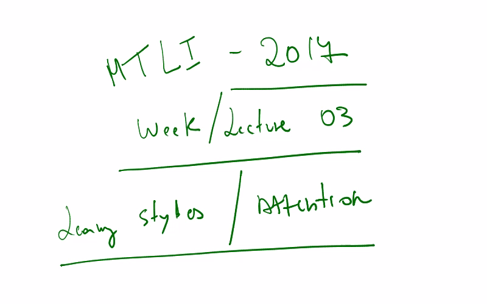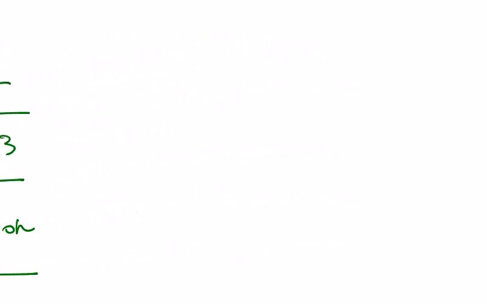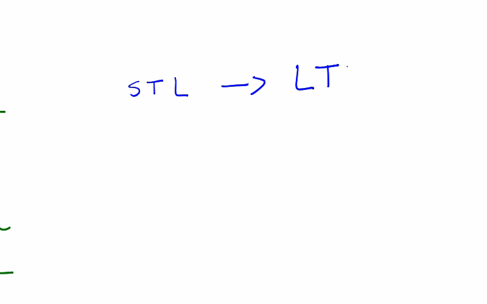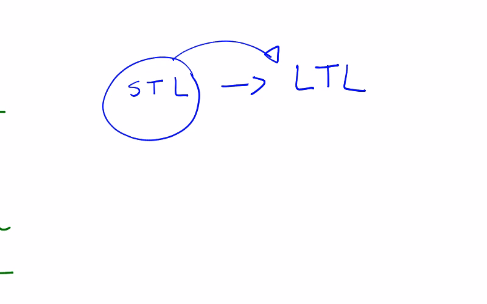So let me start by giving the link from our last lecture. In the last lecture, we discussed two issues: the short-term learning to long-term learning. So we discussed how to make a short-term learning into a long-term learning, the consolidation strategies.